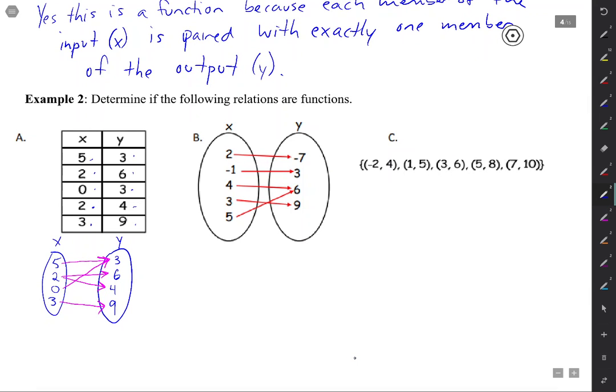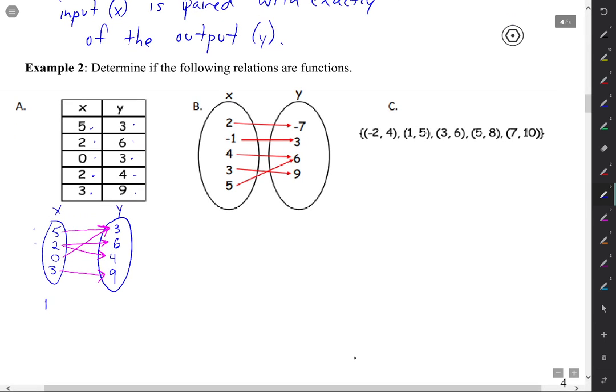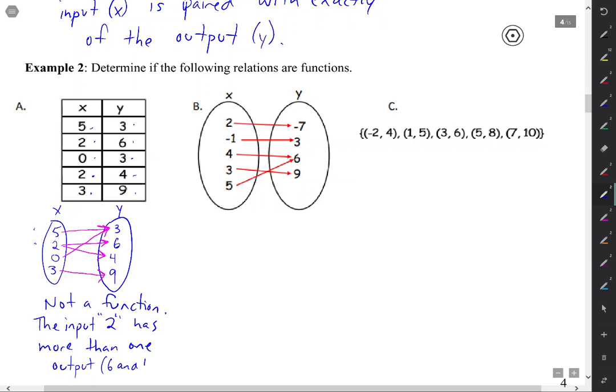Well, the 5 only matches with the 3, but the 2 matches with the 6 and the 4. So because of that, this is not a function. And the reason for that is the input 2 has more than one output. Those two outputs are 6 and 4. So it matches with more than one output. Therefore, this is not a function.